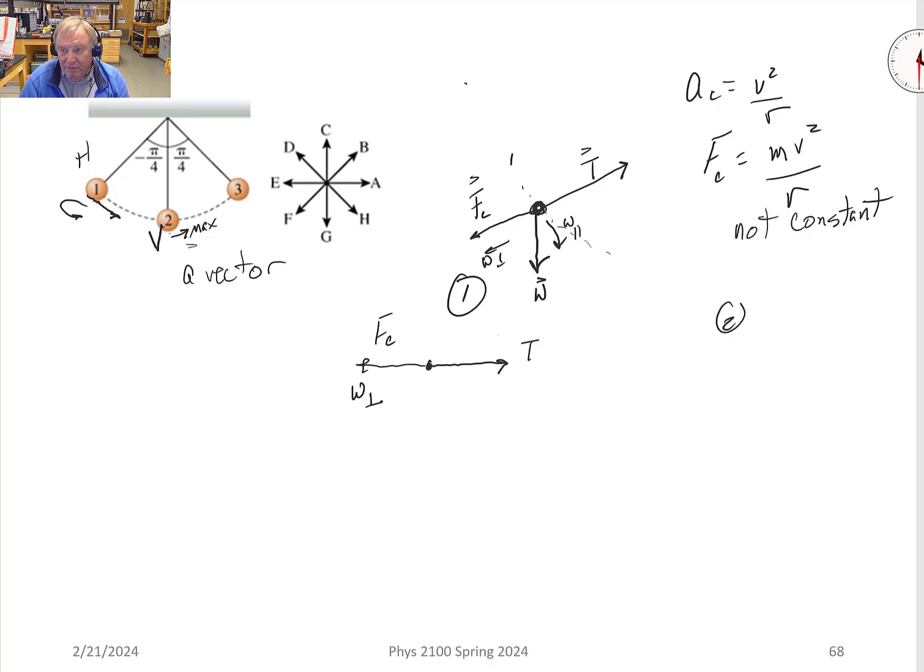At point 2, we've got T, and we've got W, and we have also the centripetal force. And now there's no components, but notice all the components are perpendicular to the path. So at point 2, A equals 0, because there's no net force.